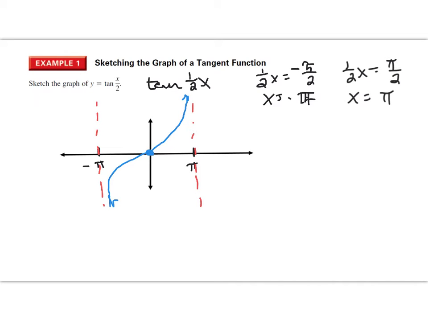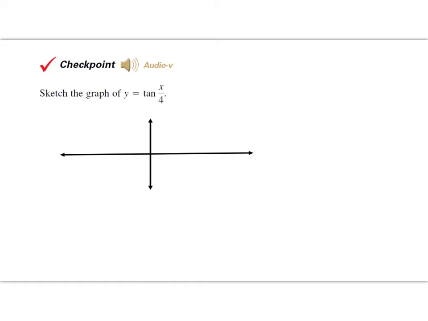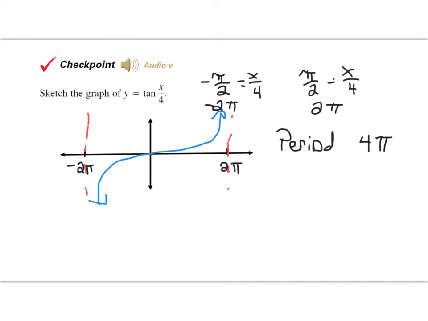And if we go here to 2 pi and 3 pi, what it's done is it's changed our period from pi to 2 pi, so it's going to repeat itself. And then it's going to do the same thing on the other side. All right, it's your turn. Go ahead and give it a go, pause, and then I'll have the answer up for you. Okay, here's the answer. Hope you did good.